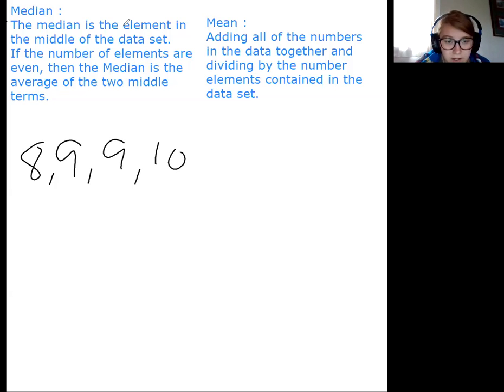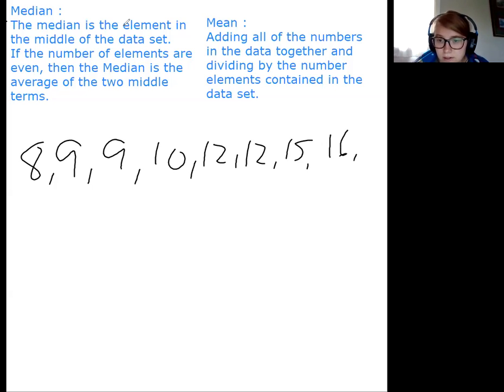And then from 10, we have 2 12s. After 12, our next number is 15, only one of them. After 15, there are 3 16s. After 16, there is 1 20.